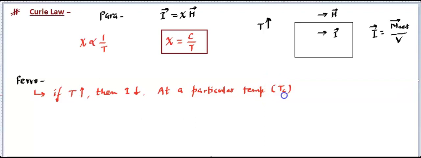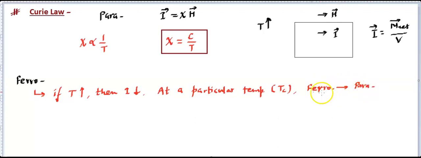This is called the Curie temperature or critical temperature, and Curie point. So at a particular temperature, the substance converts from ferromagnetic material to paramagnetic material. So it goes from ferromagnetic characteristics to paramagnetic characteristics.